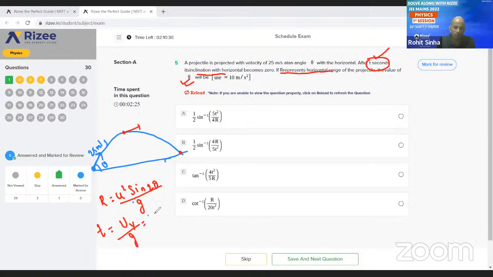And what is uy? It is u sine theta. So t is 2 u sine theta by g. This is equation number 1 and this is equation number 2. Solve these two equations. We have to find the value of theta.